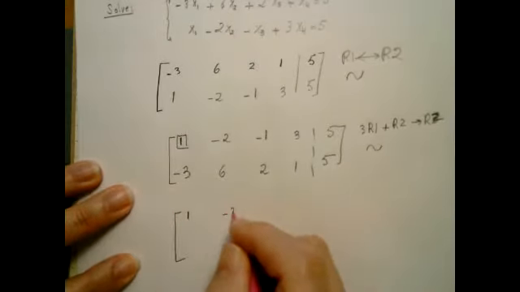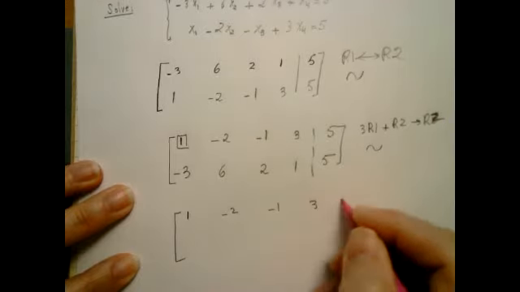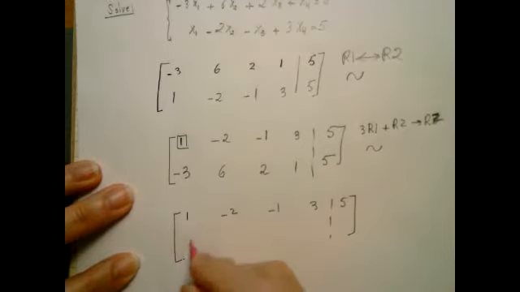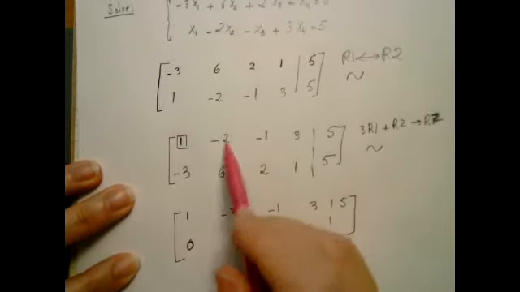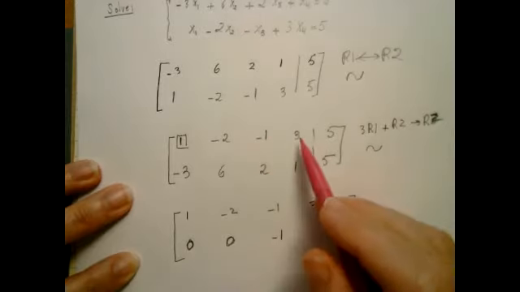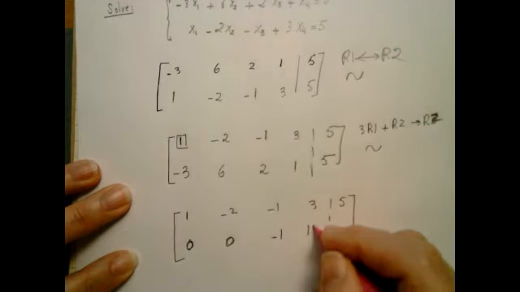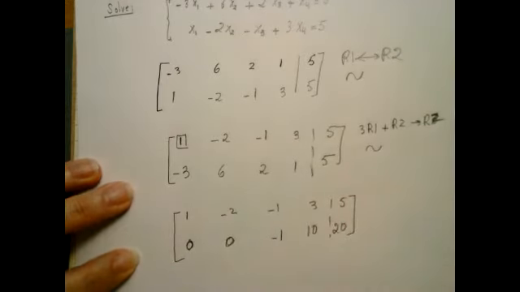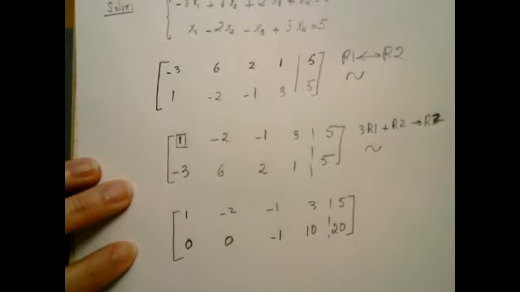And those we do by hand, we try to simplify them. So we do that, we get 3 minus 3, it's a 0. Then we have -6 plus 6, it's a 0. And then you have -3 plus 2, which is a -1. And then we have 9 plus 1, which is a 10. And then I will have a 20 right there. Okay, so as you realize, it's much simpler.